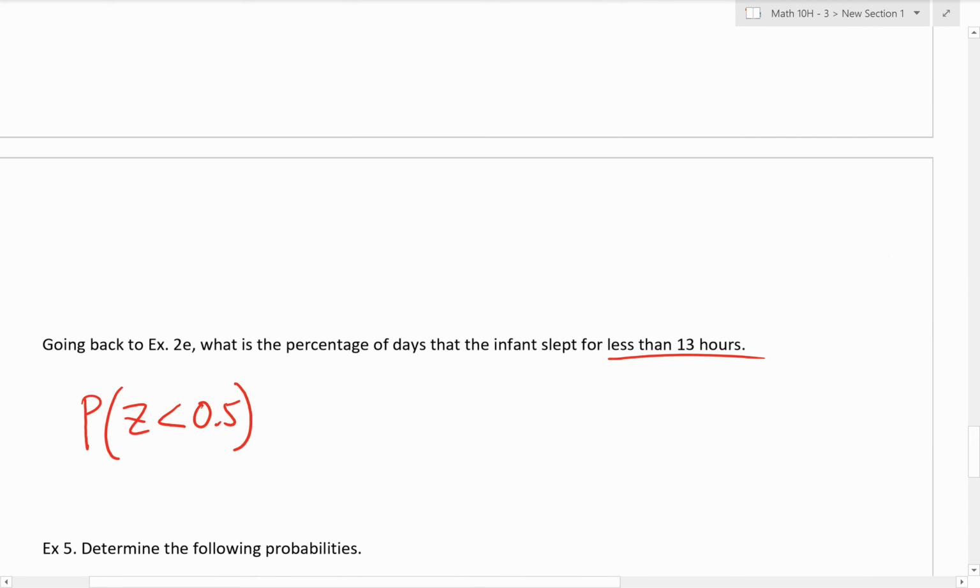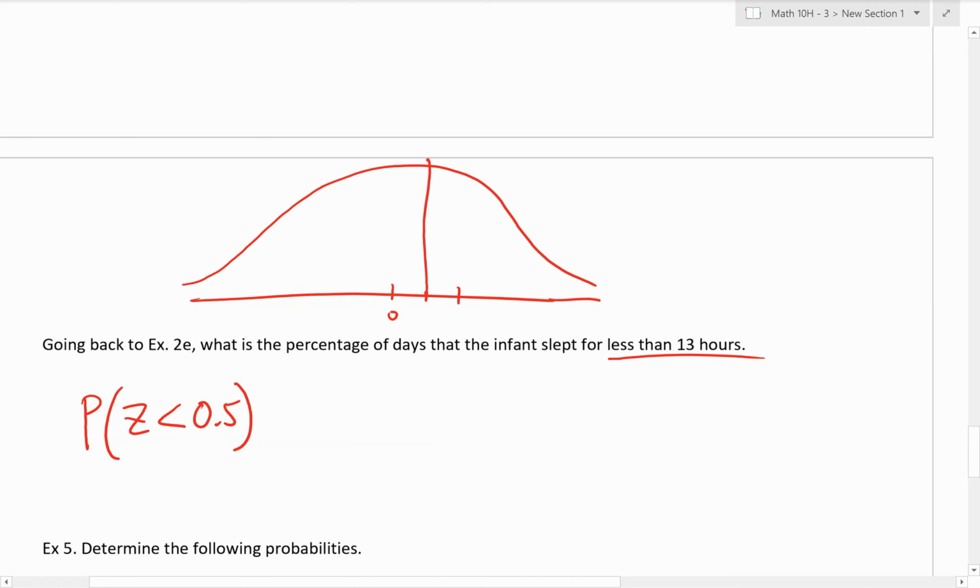Basically we're looking for this area: here's 0, here's 1, and 0.5 is here, which is 13 hours.